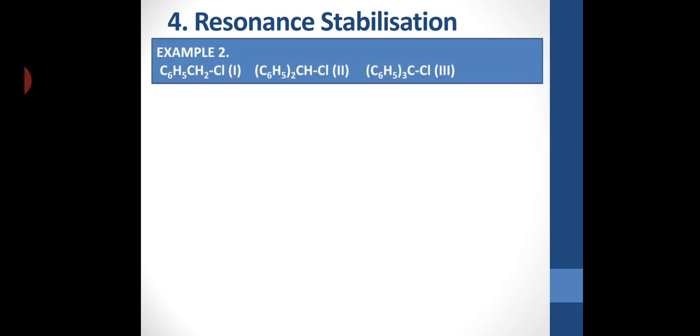Let's move to the second example. Guess the rate of hydrolysis of this halide with water. Will the reaction go through SN1 or SN2 attack? To get the answer to these questions, we should follow the following steps.